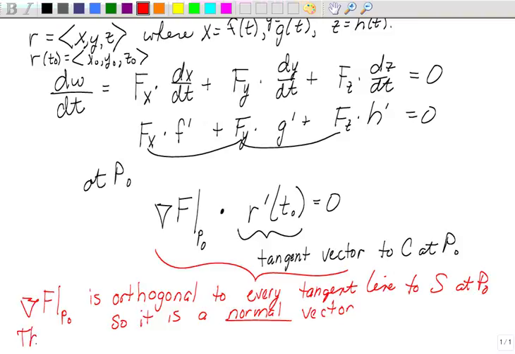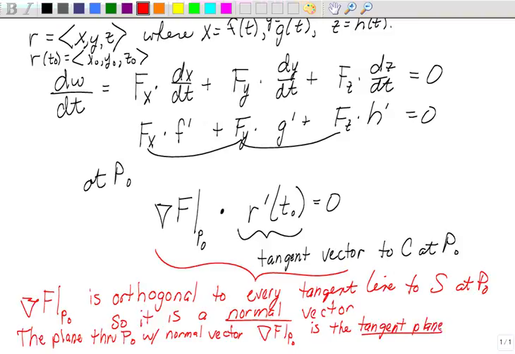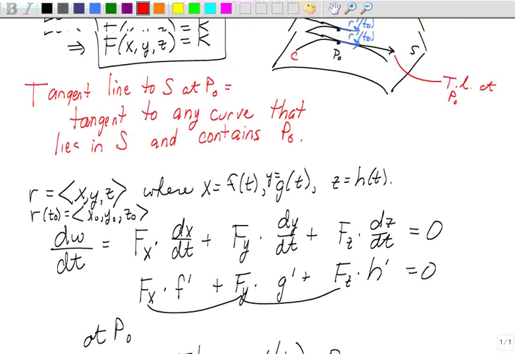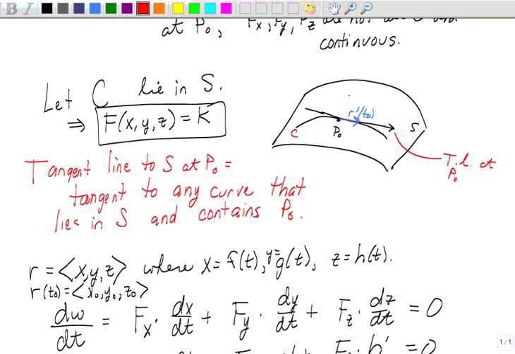And the plane through point P0 with the normal vector gradient f evaluated at P0 is called the tangent plane. So let me go back and put in this picture, the gradient vector is going to be perpendicular to this, so this will be del f at P0.